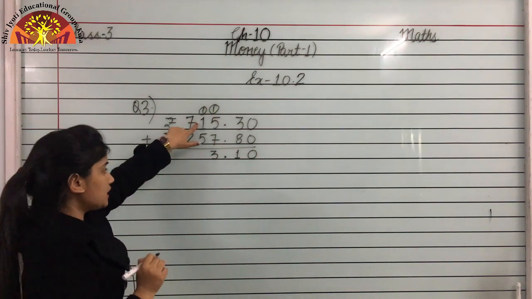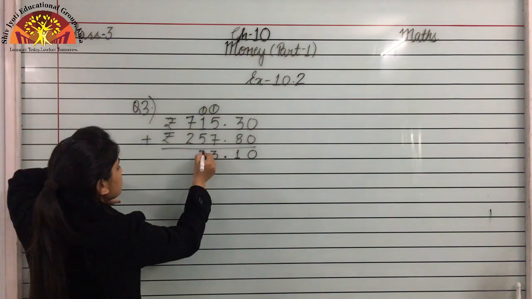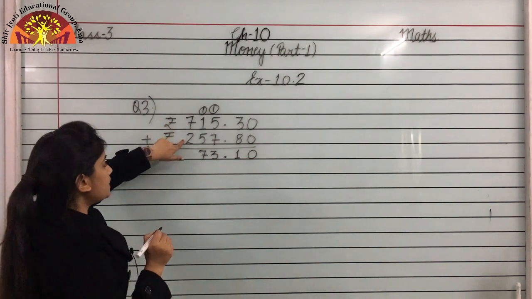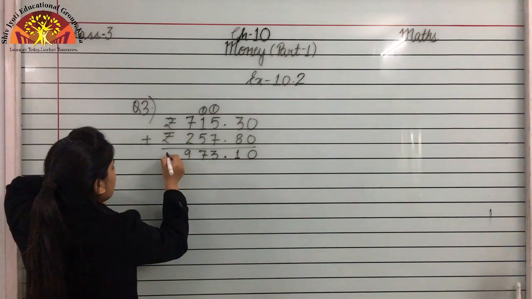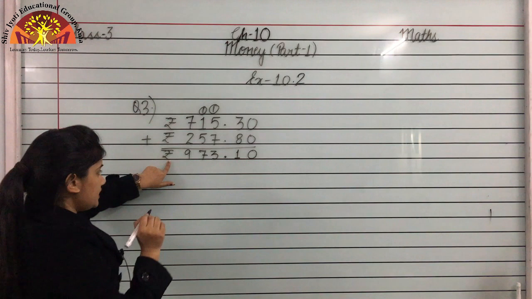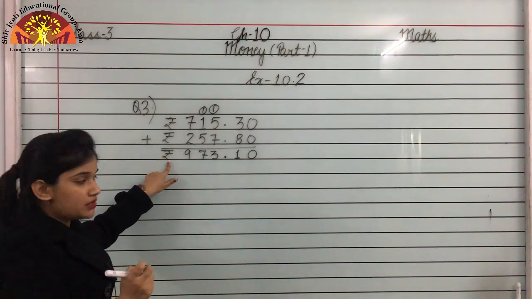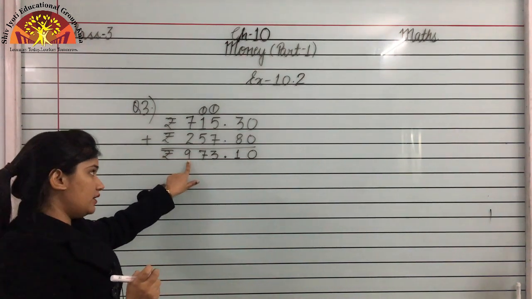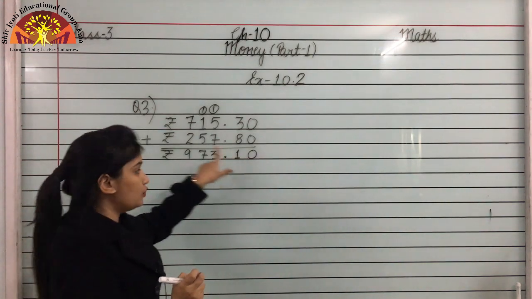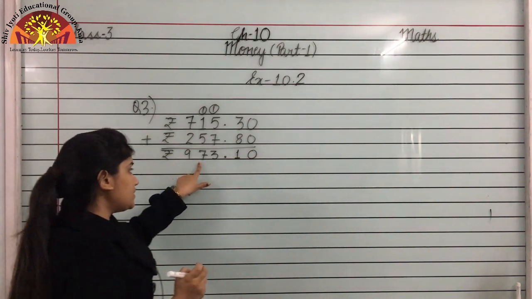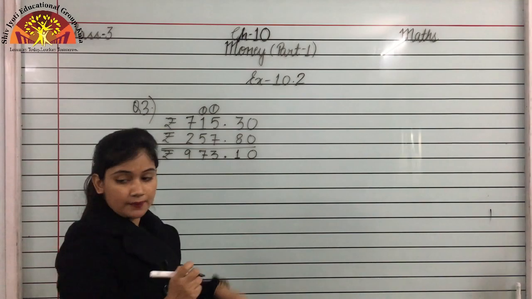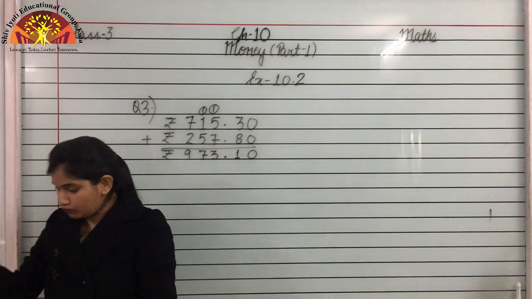Now 5 plus 1 is 6, plus 1 is 7. And 7 plus 2 is 9. Now what is the answer? The sum of two numbers will be rupees 973.10, okay.